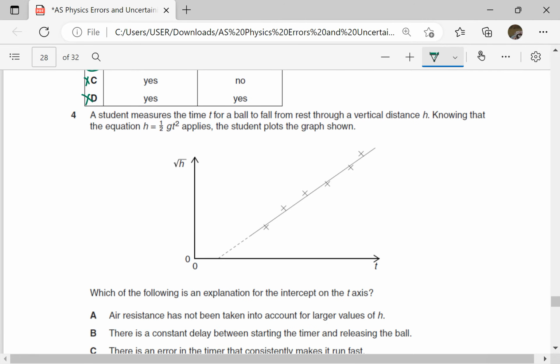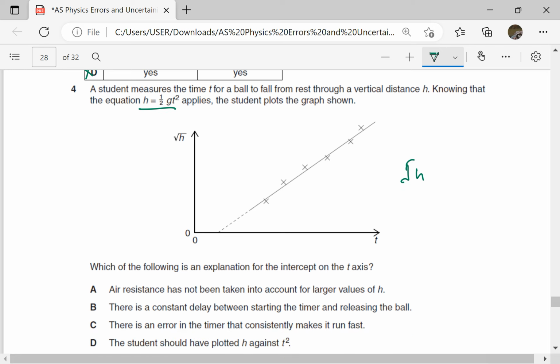A student measures the time t for a ball to fall from rest through a vertical distance h, knowing the equation h is equal to a half g t squared applies. The student plots the graph shown. The graph is root of h versus t.